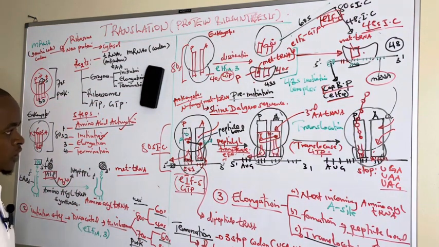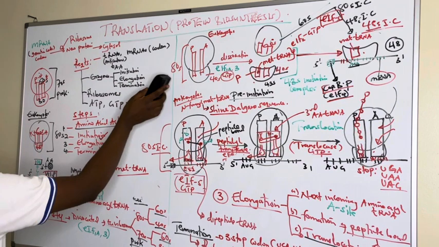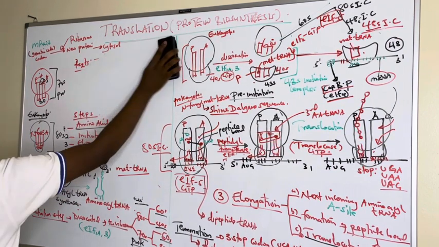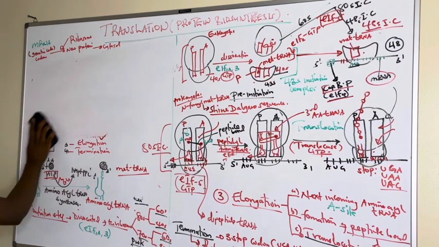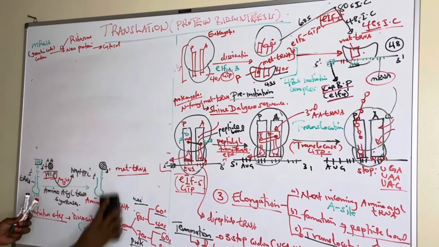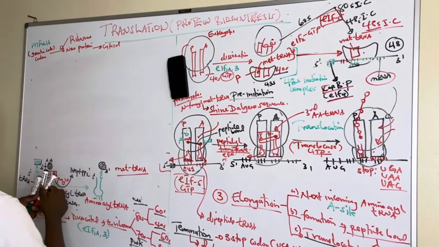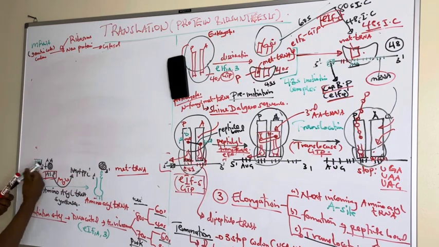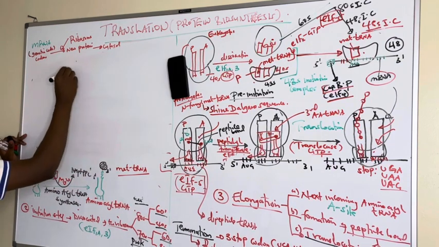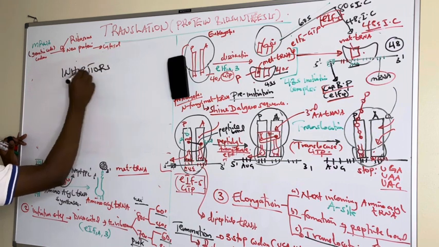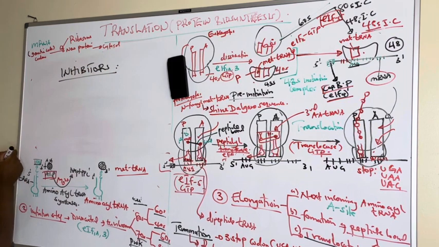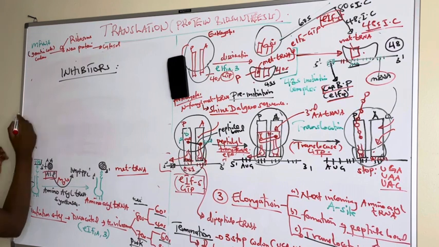Finally, is to look at the inhibitors of translation. And under translation, there are different inhibitors that play, or the drugs. We are looking at inhibitors of translation, and one of them is aminoglycosides.